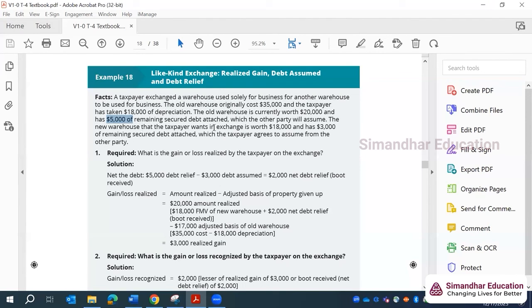The new warehouse that the taxpayer wants in exchange is worth $18,000 and has $3,000 of secured debt, which the taxpayer assumes. So you are getting relieved of a debt which is $5,000 and you are taking a debt which is $3,000. So are you getting a net benefit out of the debt that you are assuming?